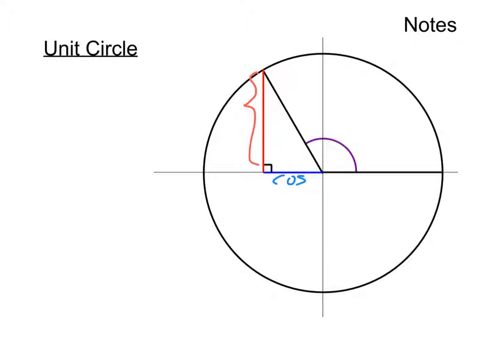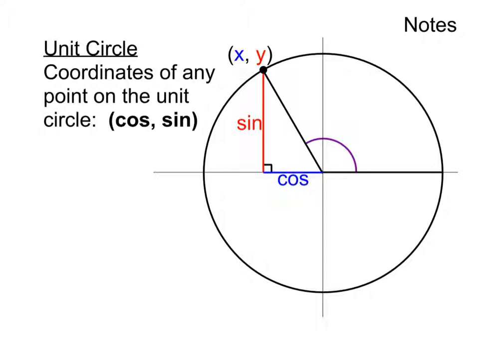We used sine. And that too is going to be true in any unit circle, no matter what that angle is, even these angles that are getting bigger than 90 degrees. By knowing that cosine gives us the over and sine gives us the up, we can know the x, y coordinates of any point on the unit circle by using cosine and sine. So go ahead and add this also into your notes for unit circle.